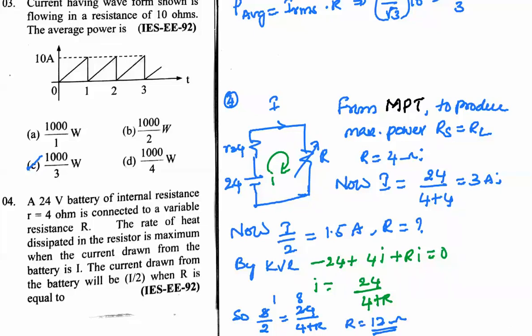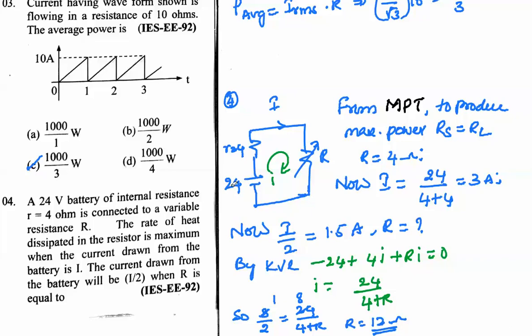A 24 volt battery of internal resistance 4 ohms is connected to a variable resistance R. The rate of heat dissipated in the resistor is maximum when the current drawn from the battery is I. The current drawn from the battery will be I by 2 when R is equal to.